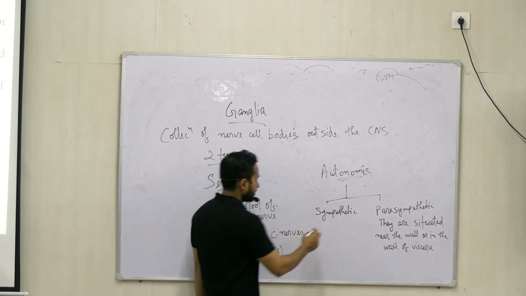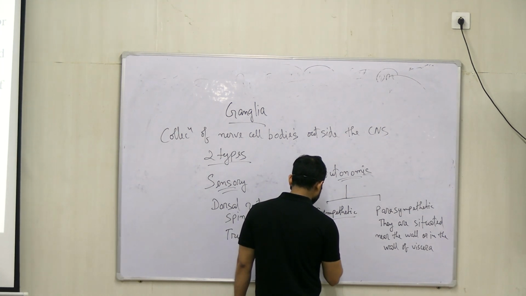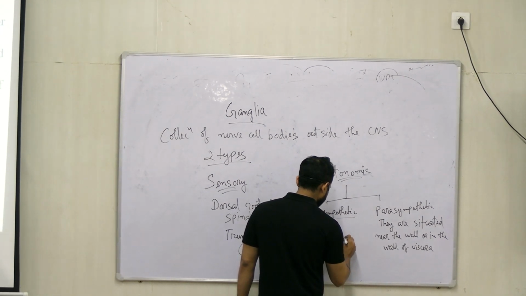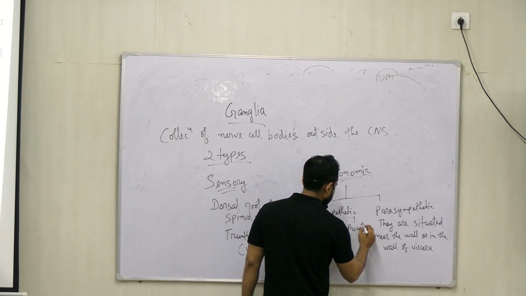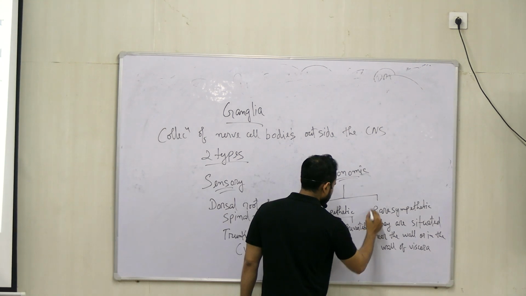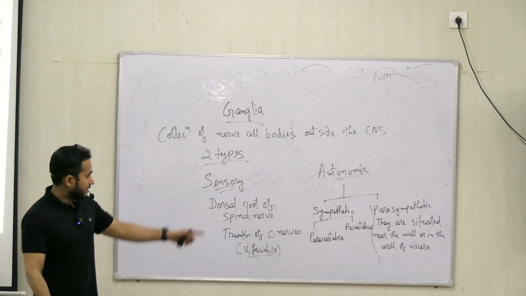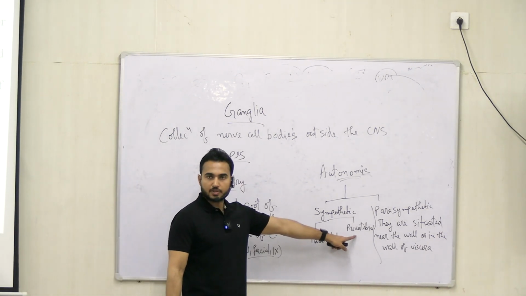In case of sympathetic, again it is of two types, paravertebral and prevertebral.